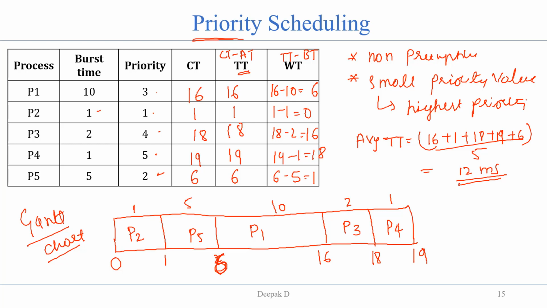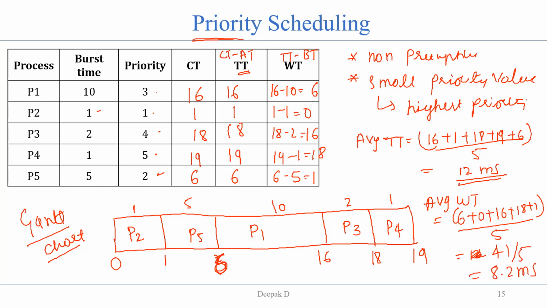What about the average waiting time? It is 6 plus 0 plus 16 plus 18 plus 1 divided by 5. That is 41 divided by 5. It is 8.2 milliseconds.